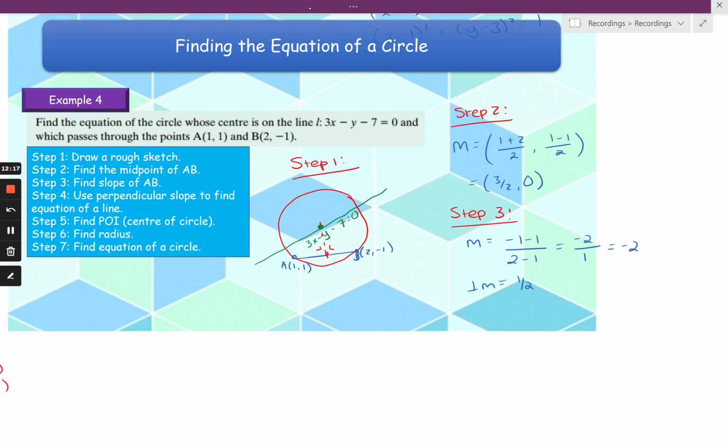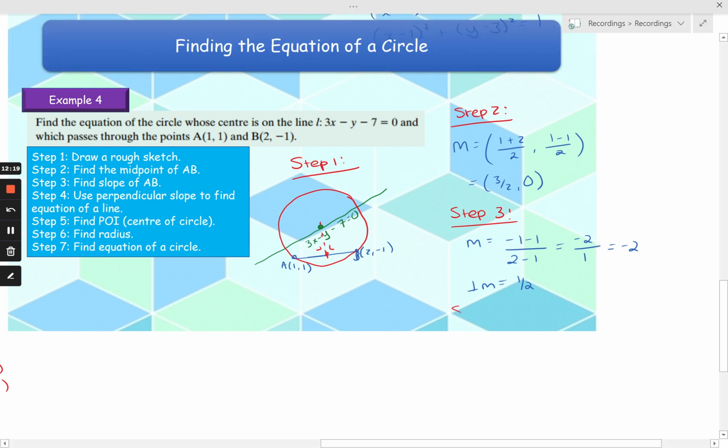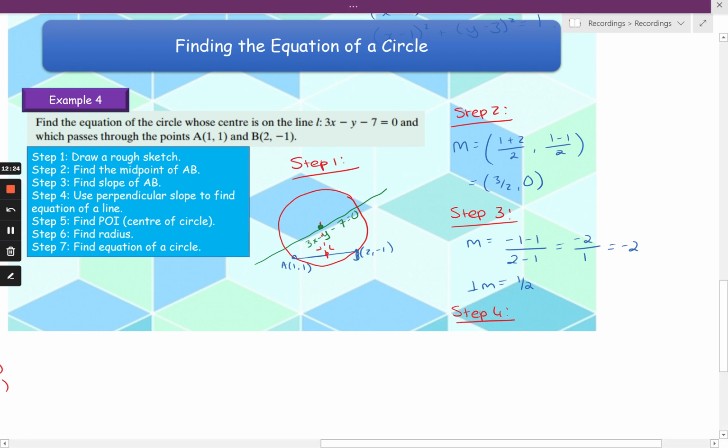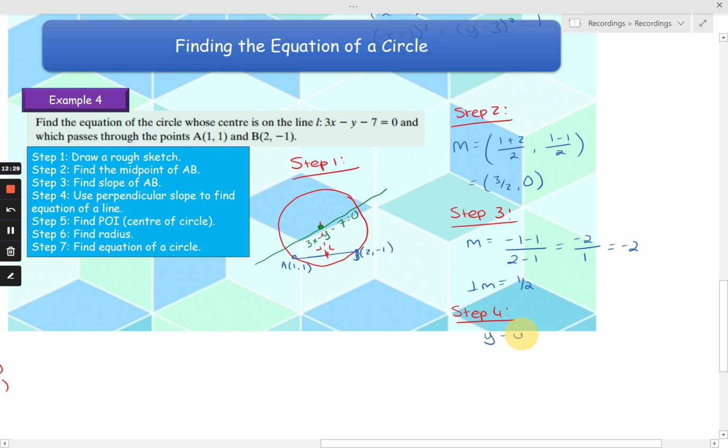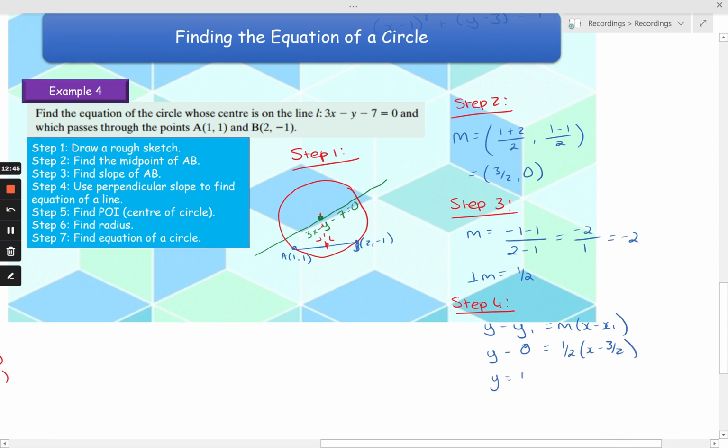My next step now is I'm going to find the equation of that perpendicular. For step 3, finding the equation of the perpendicular using the midpoint and the perpendicular slope. So I have y minus y1 is equal to m by x minus x1. So I have y minus 0 is equal to 1/2 by x minus 3 over 2, which means I'm going to have y is equal to 1/2 x minus 3 over 4.